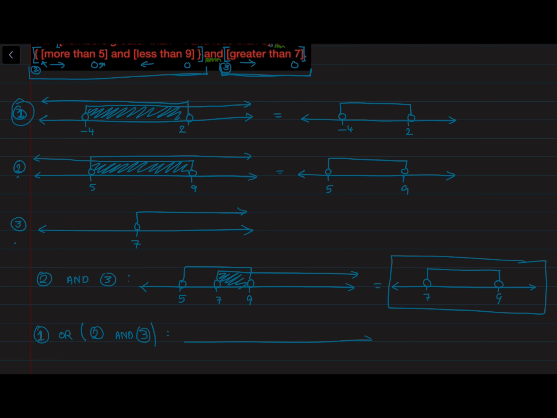We're going to put the intervals on the same number line. So we have -4, 2, 7, and 9, like this. We would get the maximum possible range if we accept this and if we accept this. So our final answer would be this interval.